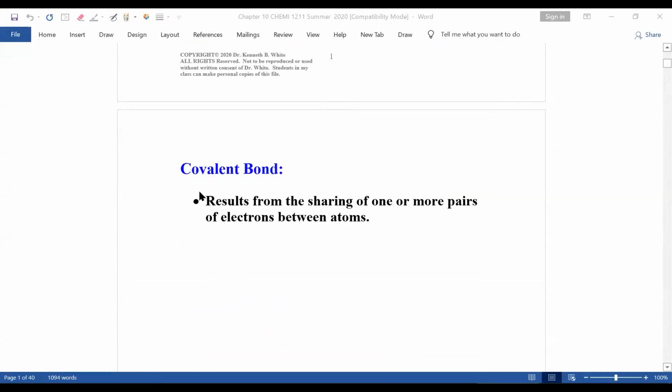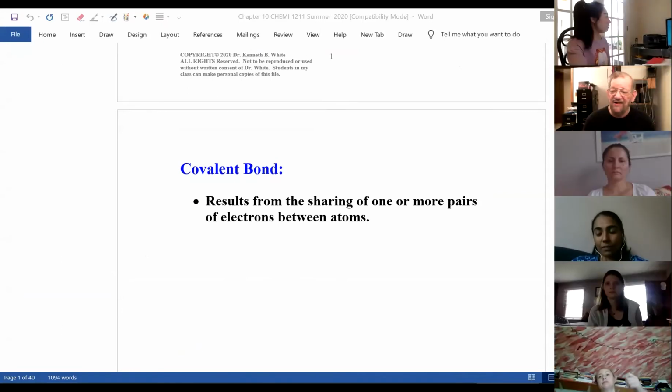All right, let's get back to chapter 10. Now, you should also know, and I discussed this already, but I'll discuss it again. Let me just do a quick check with my thumbs up, people. You see covalent bond on the screen? Thank you.